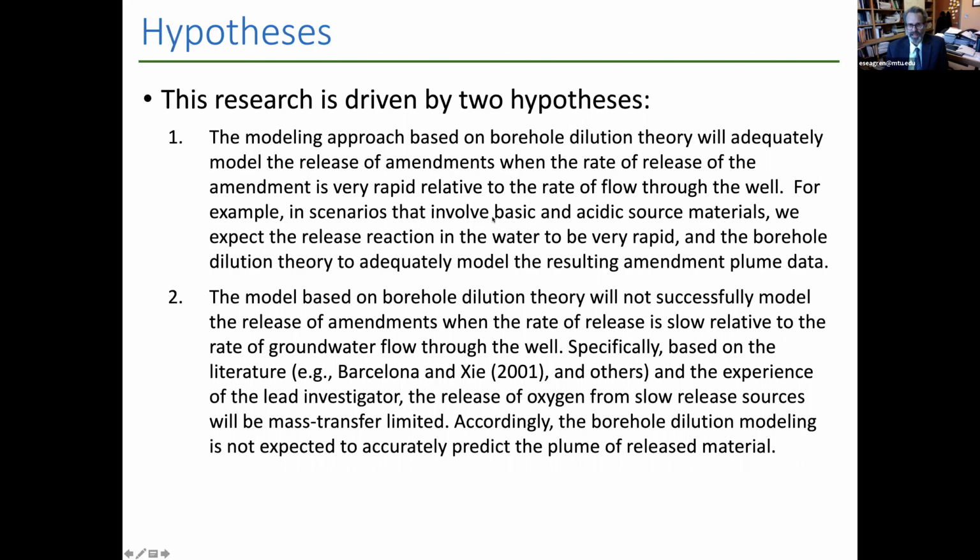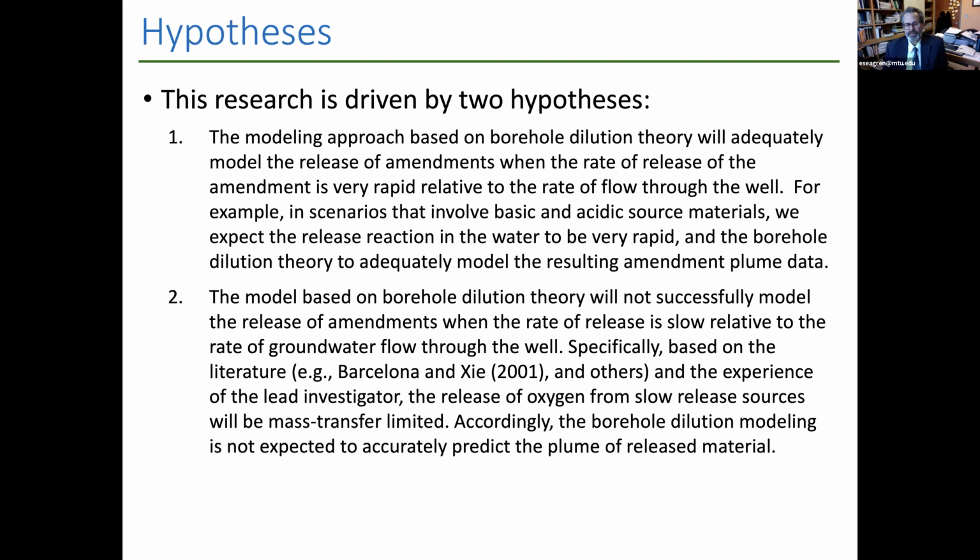So if we have reactants that are very fast to react in water, like acids and bases, for example, that react almost instantaneously, then we might expect the release into the water to be very rapid, and that the borehole dilution theory will describe the resulting plume down gradient of the well. The idea being that if the reaction is very fast, then the width of the plume is going to be dictated not by the reaction rate, but by the physics of the dilution through the well.